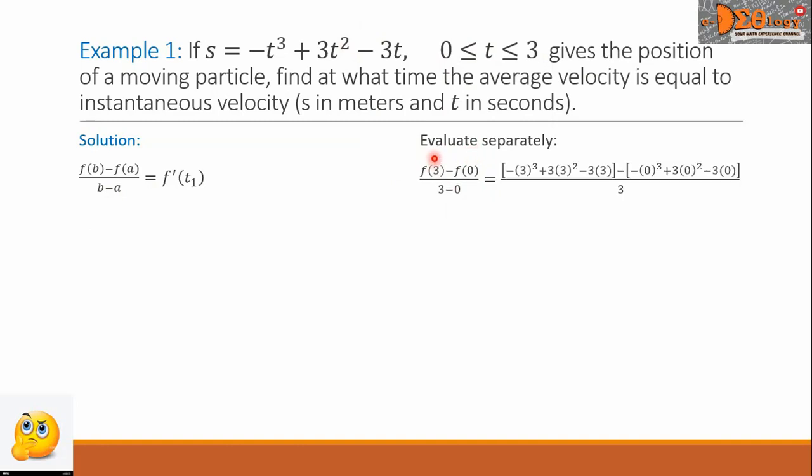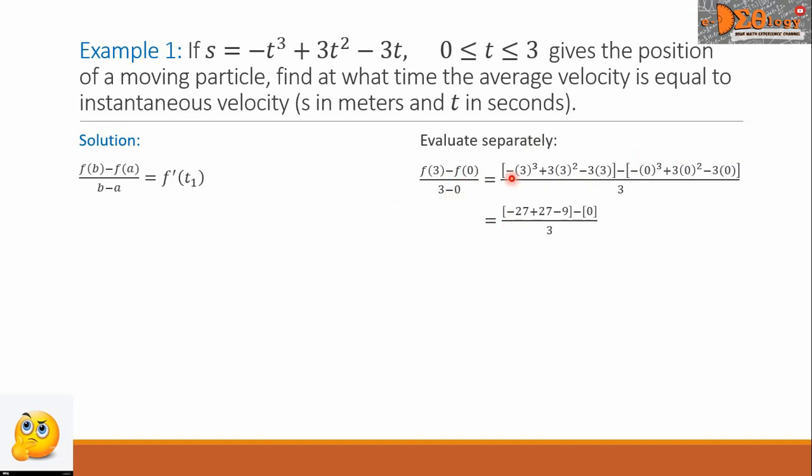So f of 3 becomes negative 3 cubed plus 3 times 3 squared minus 3 times 3, minus f of 0. So we write negative 0 cubed plus 3 times 0 squared minus 3 times 0, all over 3 minus 0, which is simply 3.